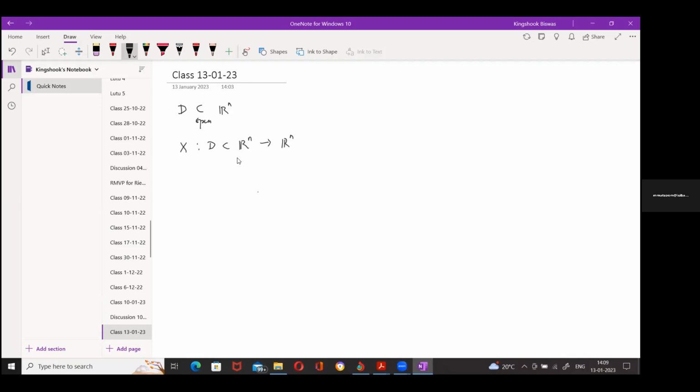Okay. So you have your domain D. It could look like this. And at each point in the domain, you have a vector X of p. So X is given by an n-tuple of functions, X1 to Xn.